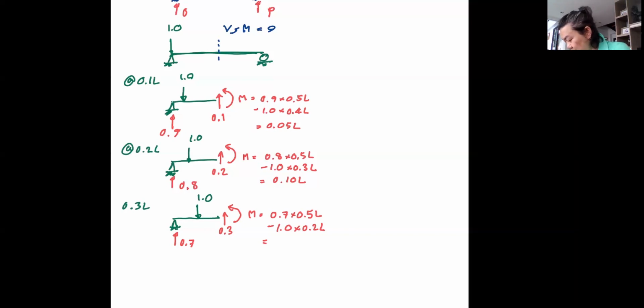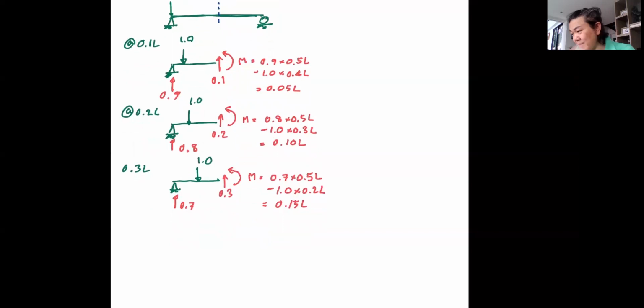Pretty confusing. Hang on. Yeah, 0.15 L until I reach the special point at 0.3.